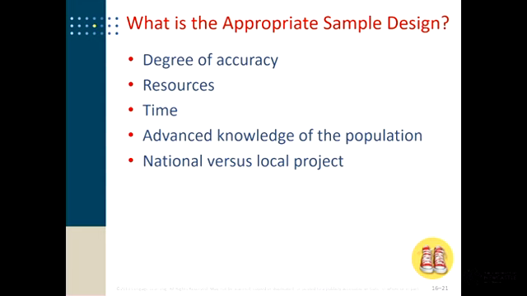But if you are in the later stage of research, probably you should be using some probability sampling, for example, simple random sampling or systematic sampling, because you need to be more accurate. But when you are in the early stage of your research, for example, exploratory research, you don't need to be that accurate, so probably you can go for some non-probability sampling like judgmental sampling or convenience sampling. You understand the point, the degree of accuracy?